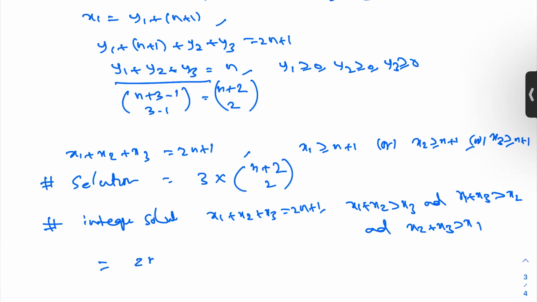Total, that is 2n plus 3 choose 2, minus 3 times n plus 2 choose 2. Okay, 2n plus 1 identical books among 3 shelves in a way that total books in any 2 shelves will be more than the other shelf. Fine.